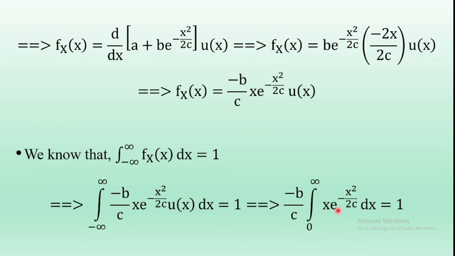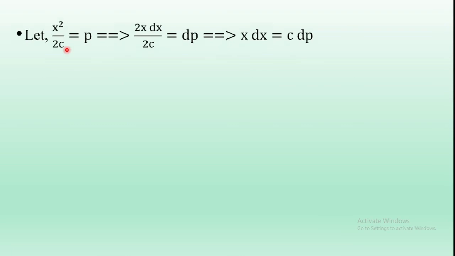Now next, calculate the range of p. In this equation, x is substituted by 0 and x is equal to infinity, then we can determine the p values. If x is equal to 0, then p is equal to 0. If x is equal to infinity, then p is equal to infinity. The range of p is also 0 to infinity.